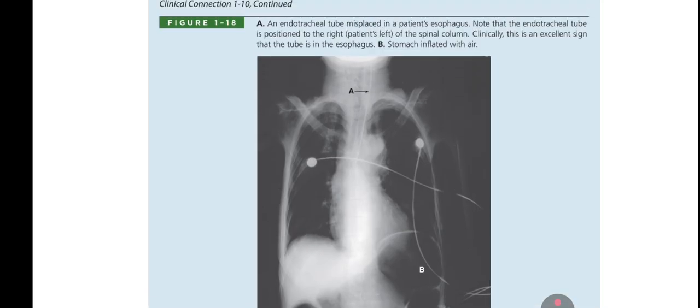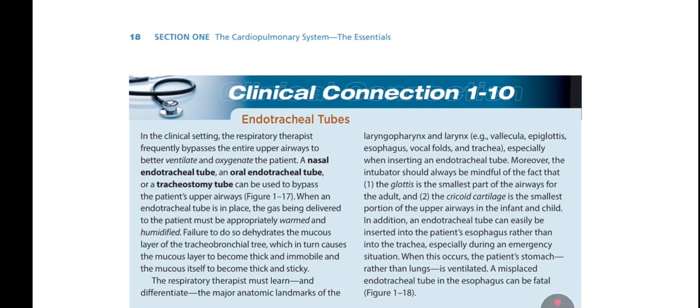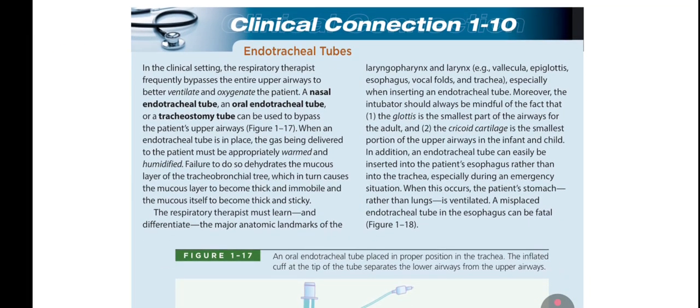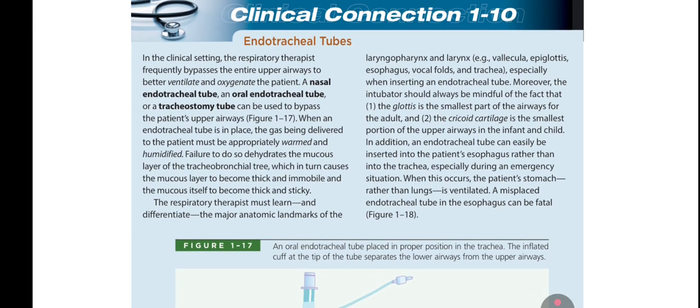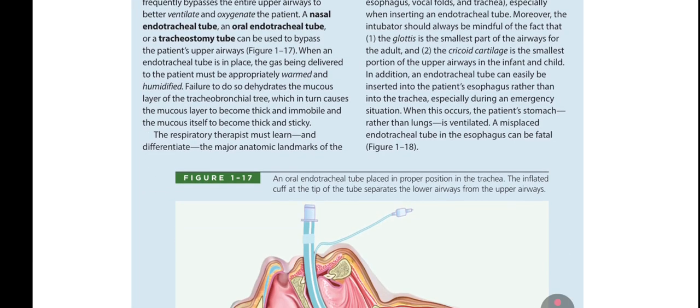So that's the patient's stomach being filled with air. That's not good because it can probably cause danger. You can see in certain patients the tube goes into the esophagus rather than the trachea, especially during emergency situations.